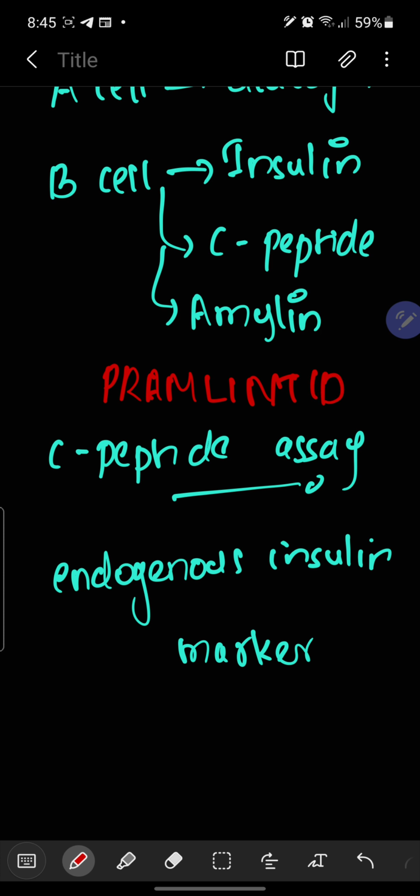Pramlintide is given to diabetic patients in treatment, because pramlintide will increase the action of insulin.